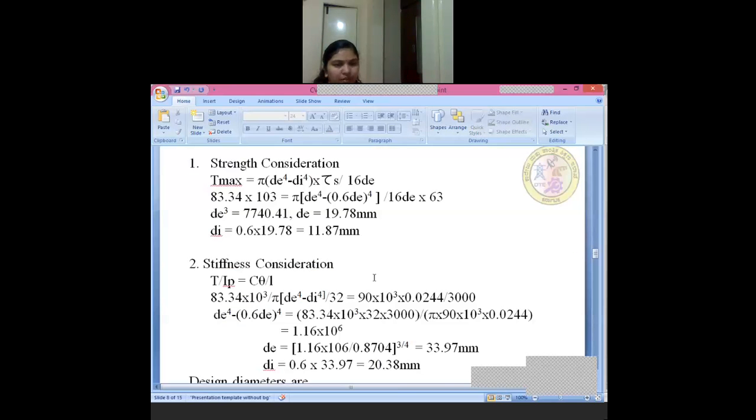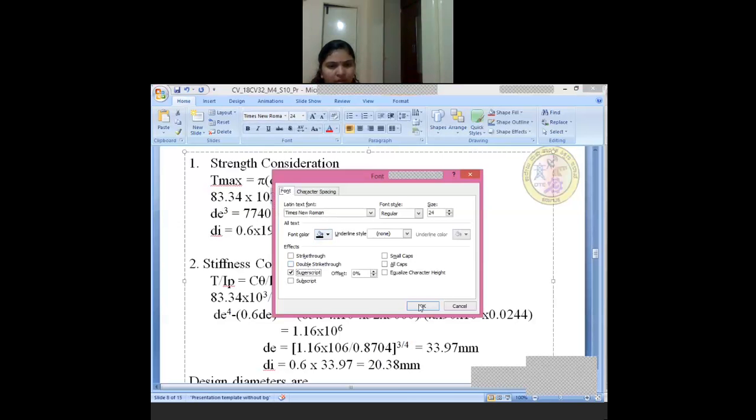Let us consider finding the diameter. I will consider strength consideration and stiffness consideration. When I am considering the strength, T max will be equal to pi by 16 into de to the power 4 minus di to the power 4 by de, into shear stress.